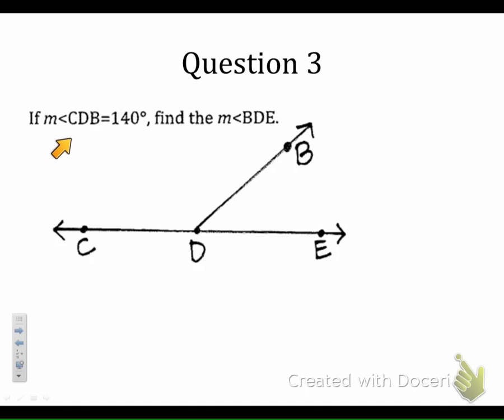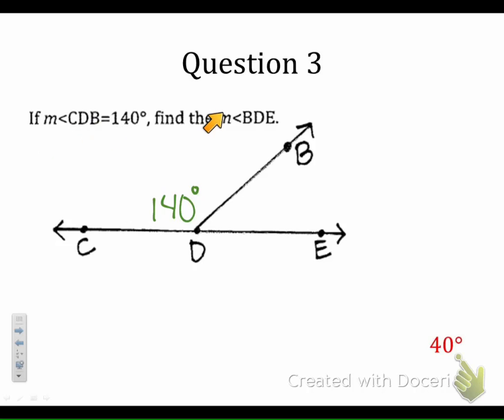Measure of angle CDB in this picture. Measure of angle CDB is 140. Find the measure of angle BDE. Let's really review this one. If we've got CDB being 140, I'm going to put that in the picture. This piece is 140, and I had to pay attention to the picture.